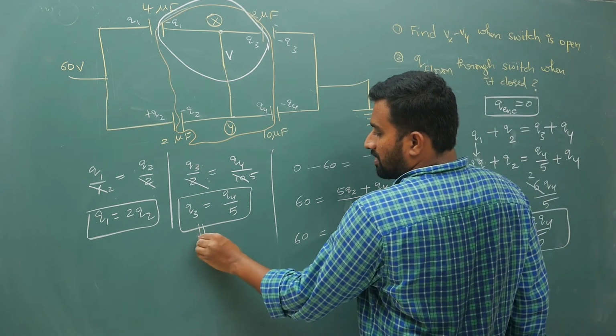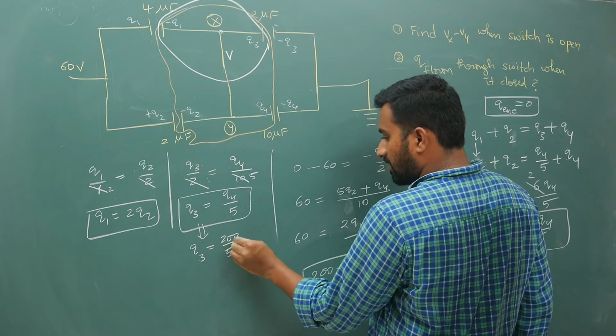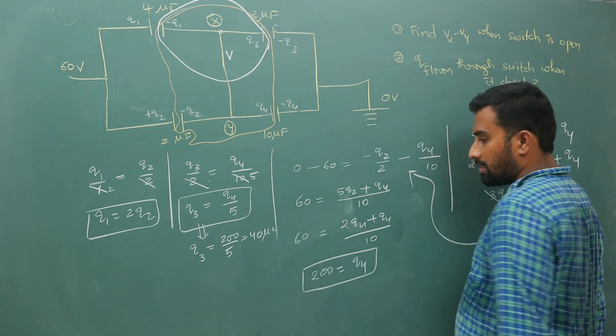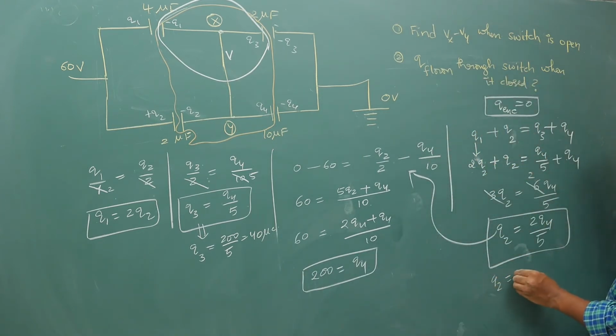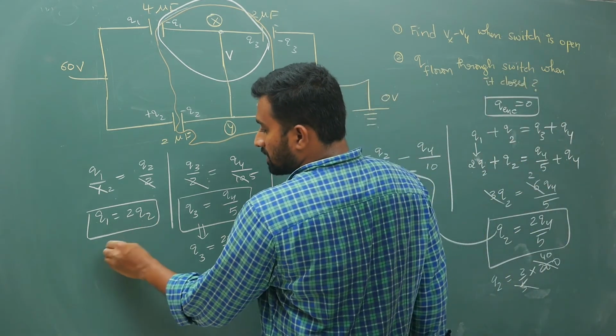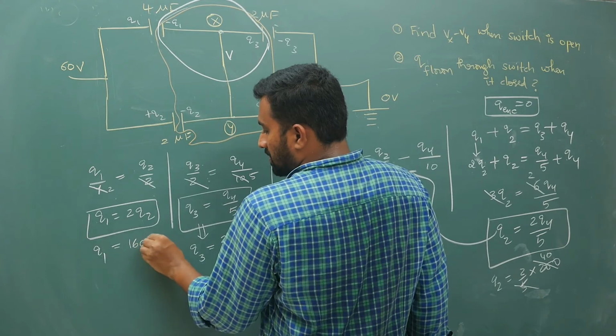That will give you q3 as 200 by 5, that is 40 microcoulomb. And your q2 is 2 by 5 times 200, 5 ones are 5, 5 40s are 200, so q2 is 2 into 40, which is 80. So q2 is 80, which means q1 is 160 microcoulomb.